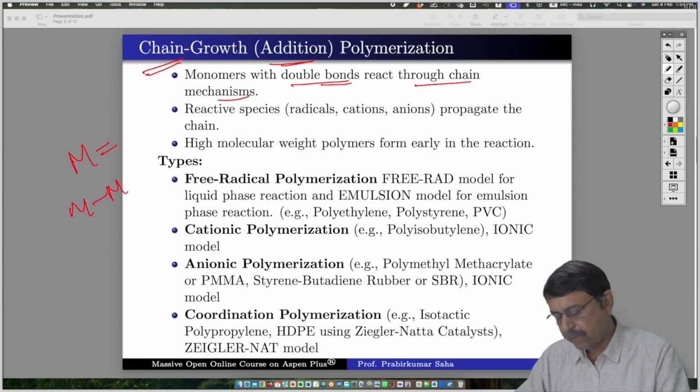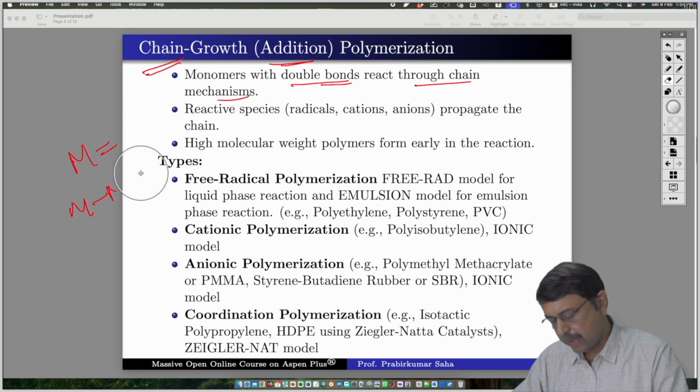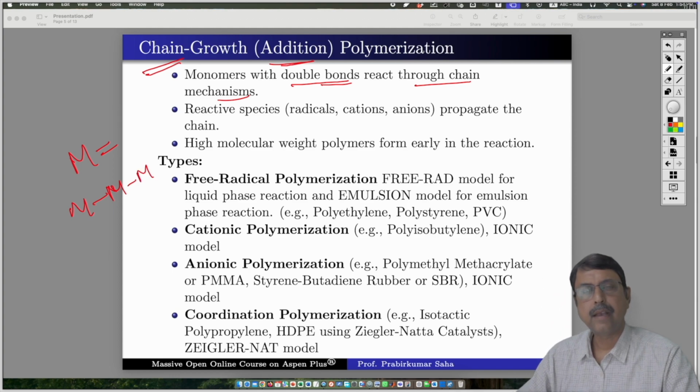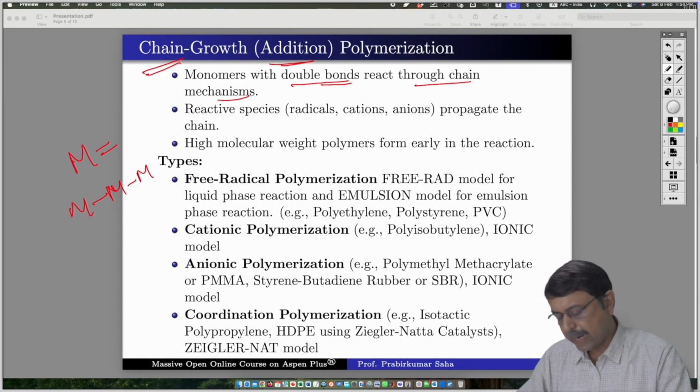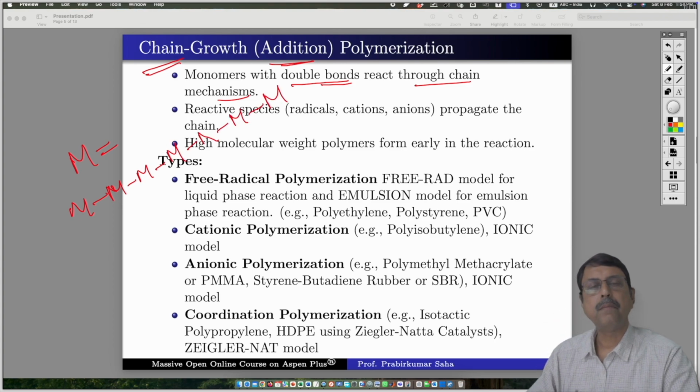And then this monomer will also have a double bond. This will also get opened, and then we will have another monomer that will connect through it, and we will get a longer chain. So gradually the monomers will keep on adding, forming a chain. So this is a chain formation of monomers.